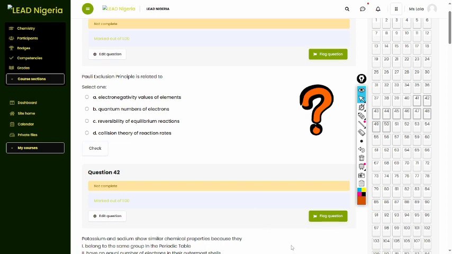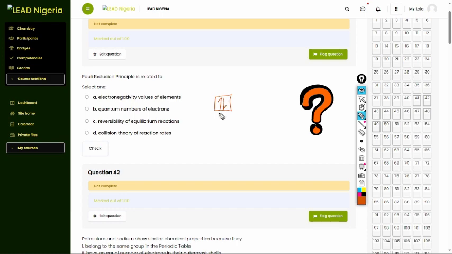Okay, the reason for that is, for any atomic orbital, let's just do a visual representation of that. For any atomic orbital there are 2 electrons spinning in opposite directions. So even though those 2 electrons are contained in the exact same orbital, they are spinning in opposite directions. So the spin quantum number would be different.